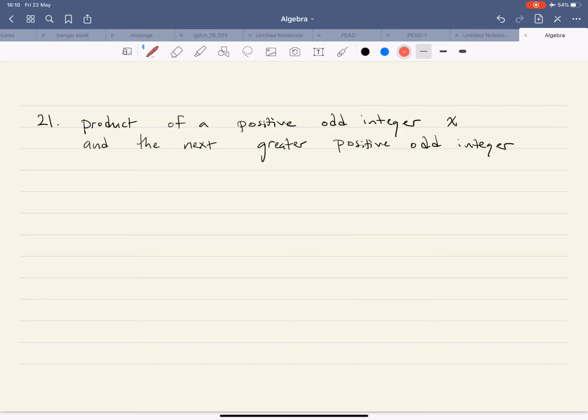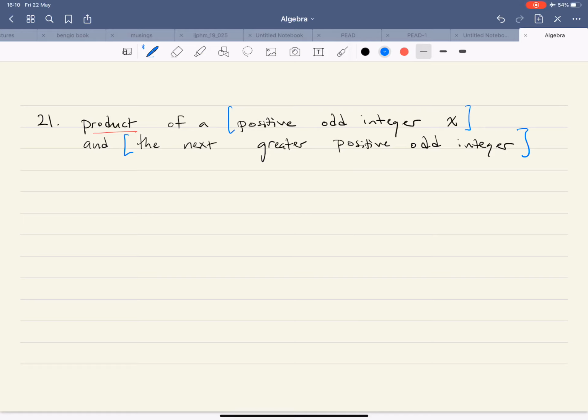Okay, so I know I'm going to do a product, and my product is going to be between this sub-expression and this sub-phrase, I should say.